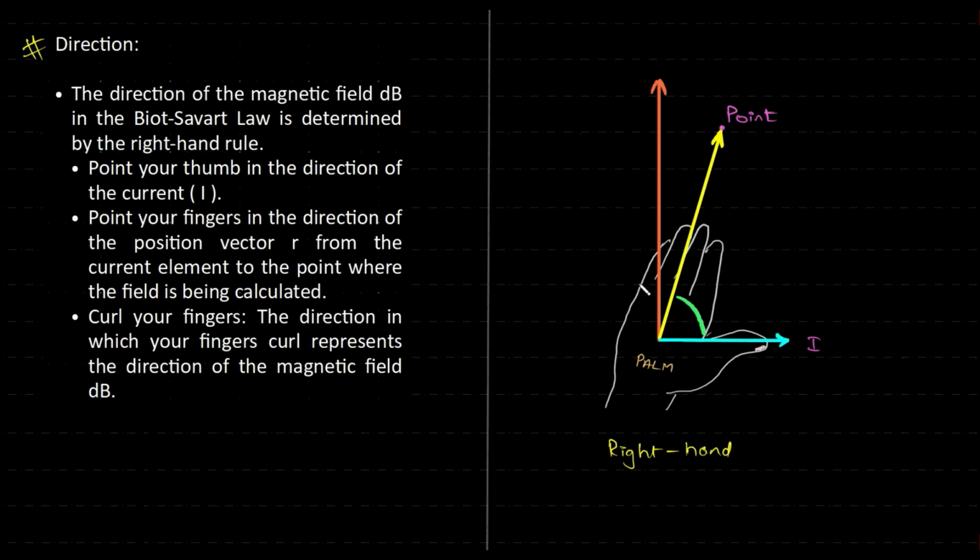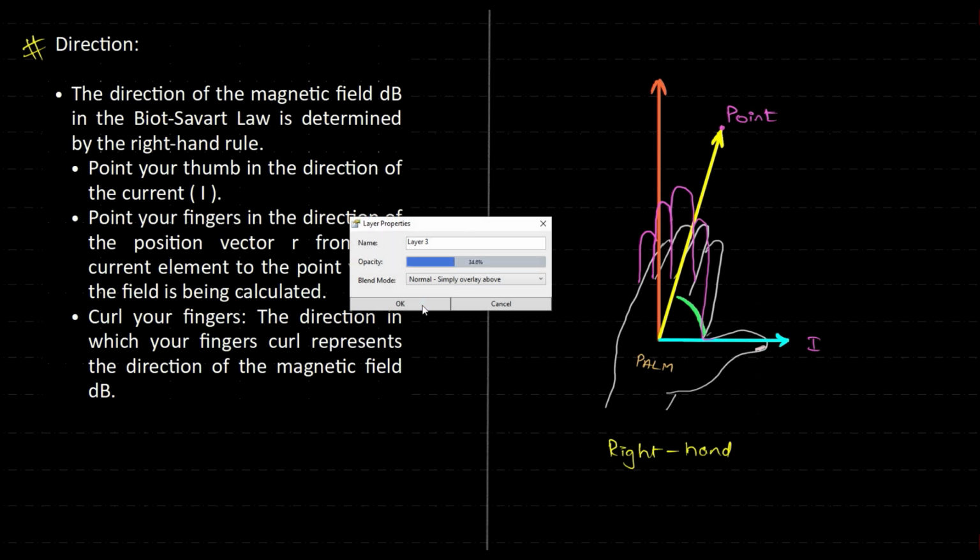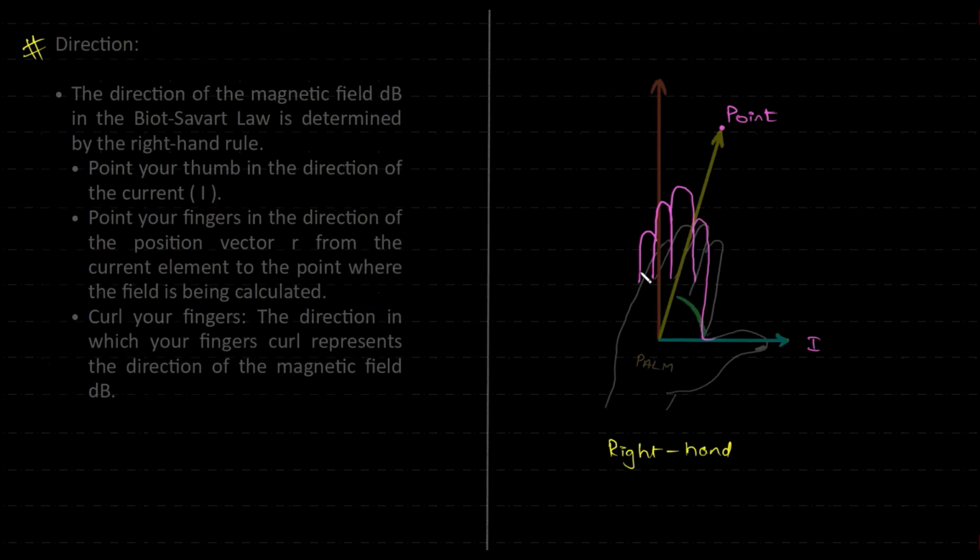And when you curl your fingers, or what I do is, I make my students do this. Of course, you guys are also my students, so you should be doing this. It's in between curling and opening your palm. Let me show that for you guys. Something like this.